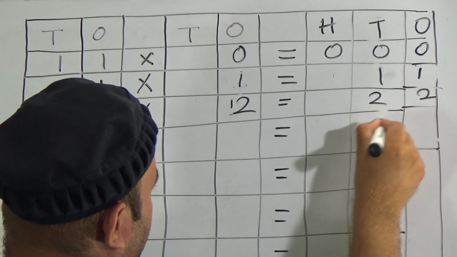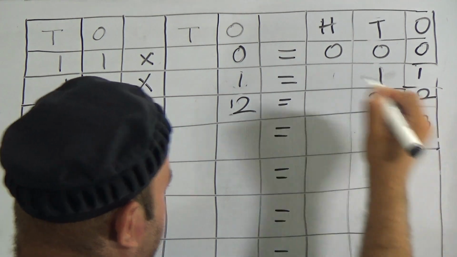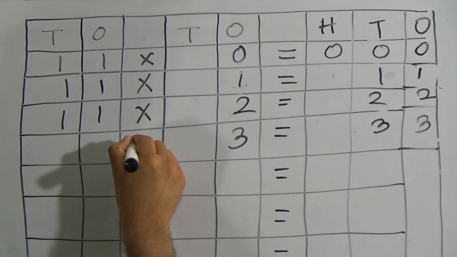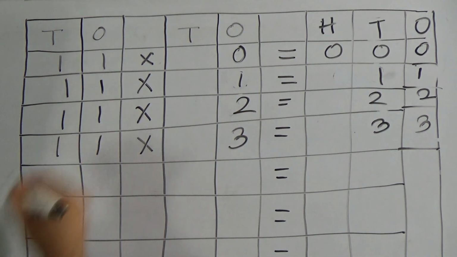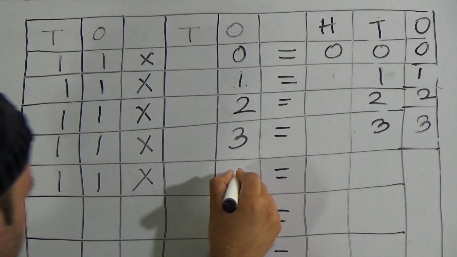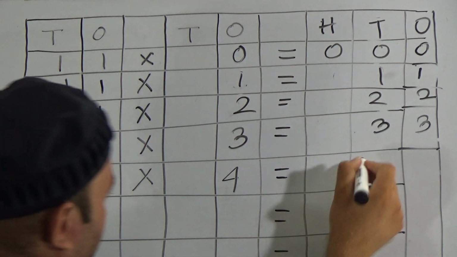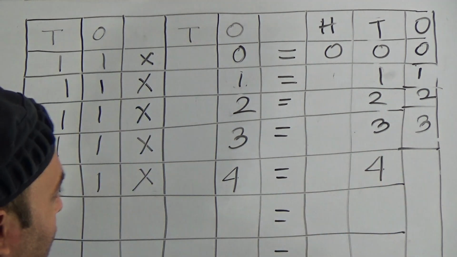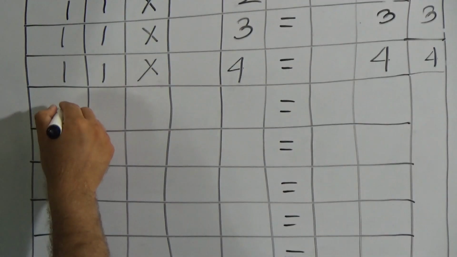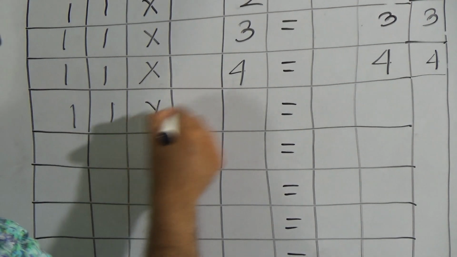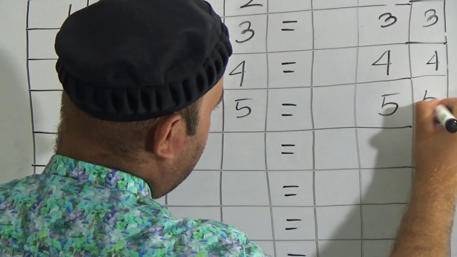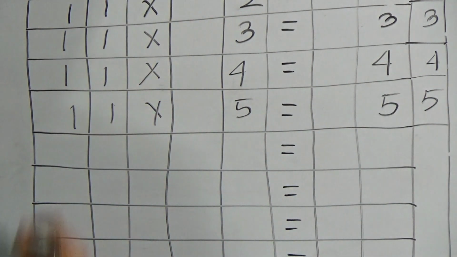So here 3 will be the 10's place and the next 3 will be the 1's place. Then 11 fours are 44. Here it will be 4 in 10's place and another 4 in 1's place. 11 fives are 55. Here 5 is 10's place and 5 is 1's place.